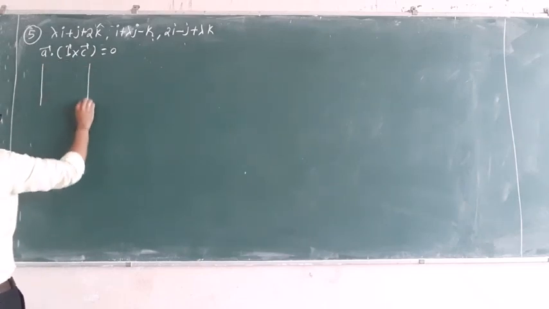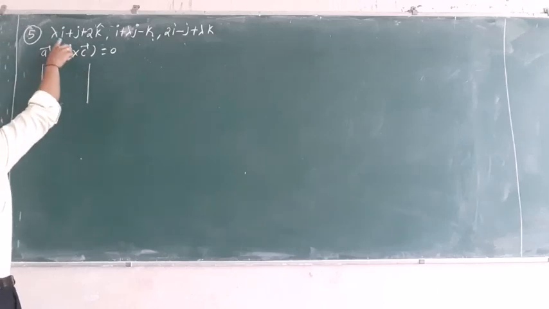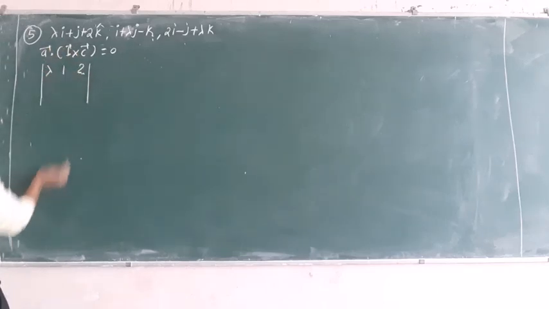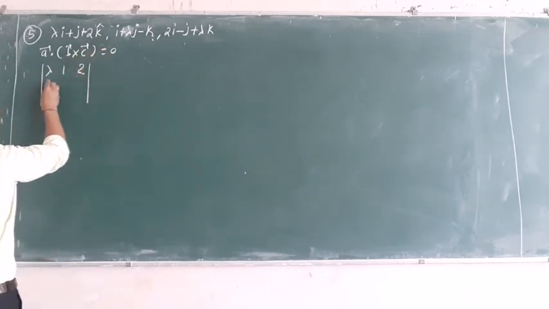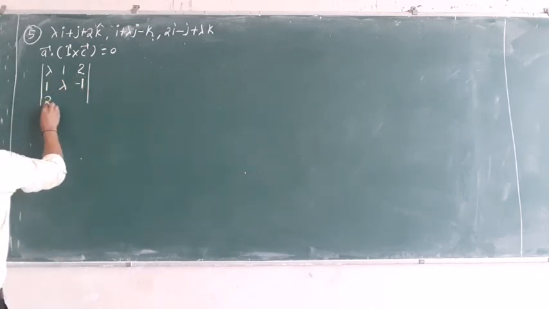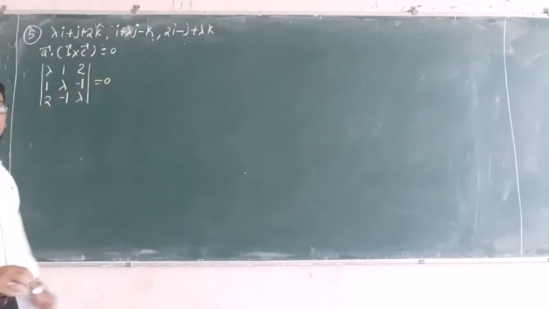That is the determinant of: first row is vector A, that is lambda 1 2. Next, second vector B, what are the coefficients? 1 lambda minus 1. Third one is 2 minus 1 lambda, which is equal to 0.